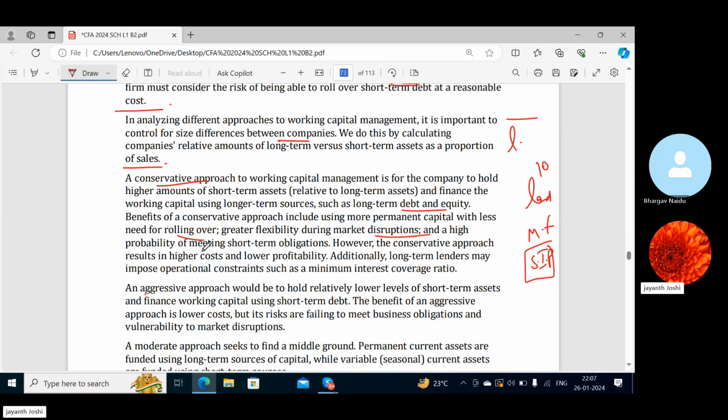However, conservative approach results in higher cost and lower profitability because long-term debt and equity are very costly. Because for very long period of time you have taken the money from people, and as the duration increases, if people's money or bank's money is with you, people's money in form of bonds and bank's money in form of loan, of course both are loans, they want more premium for that, for higher risk.